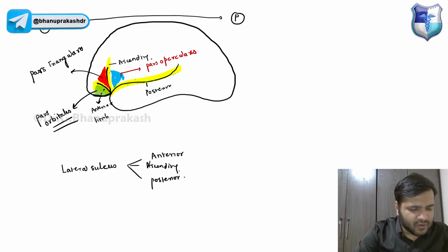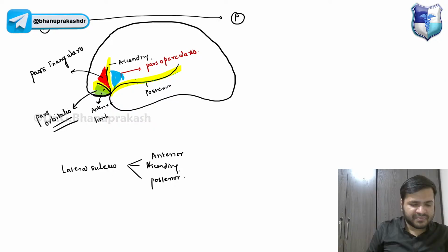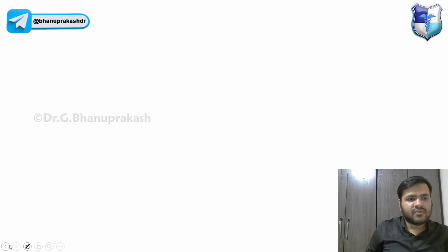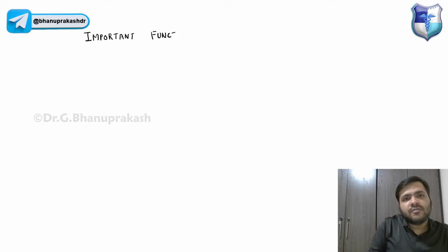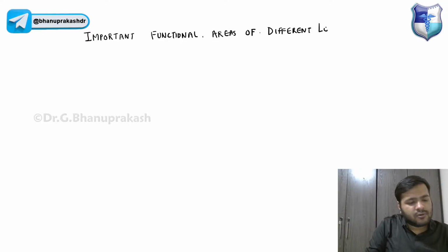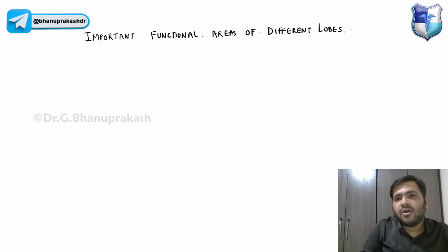Now let us discuss about the Brodmann's classification over here. Yes, the important, so please write down the important functional areas of different lobes of cerebral hemispheres.